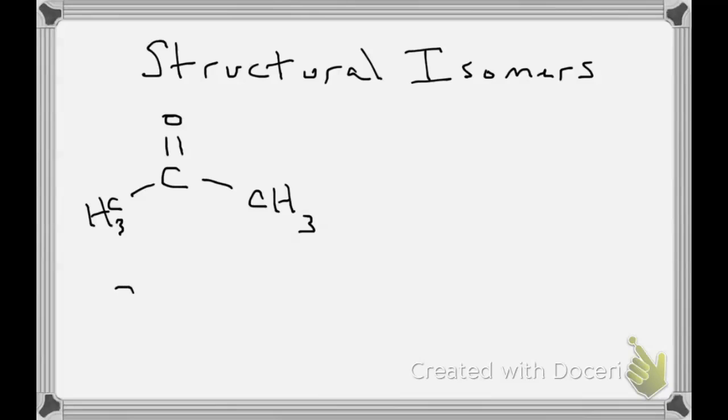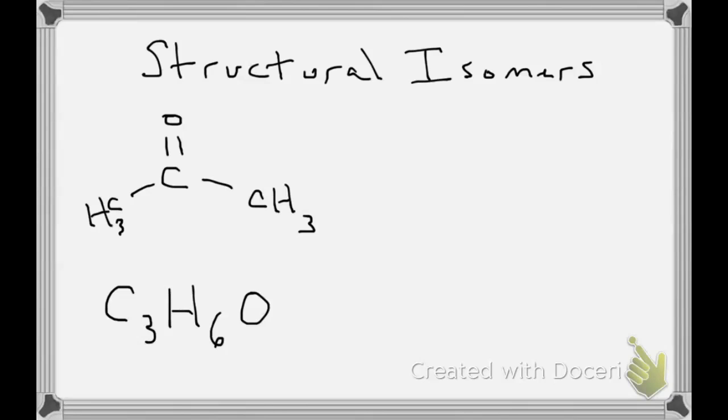One thing that is true of this compound is that it requires 3 carbons, 6 hydrogens, and 1 oxygen. Any different way that we can connect together all these different Lego pieces, if we end up with different compounds, those are going to be considered structural isomers.